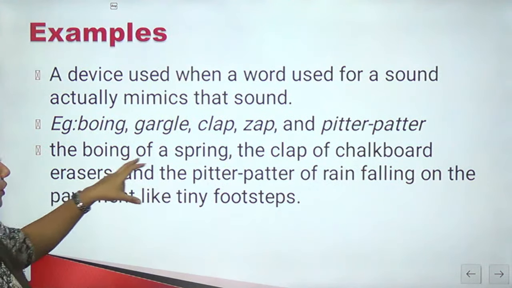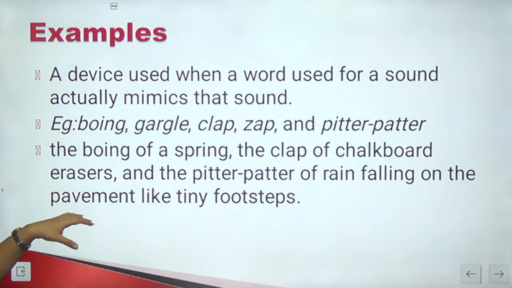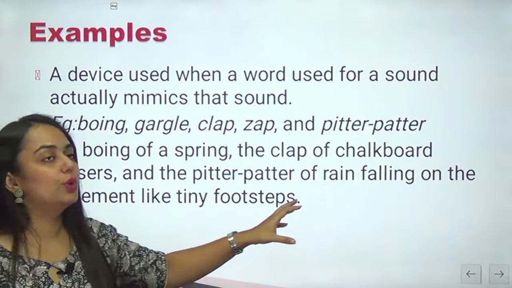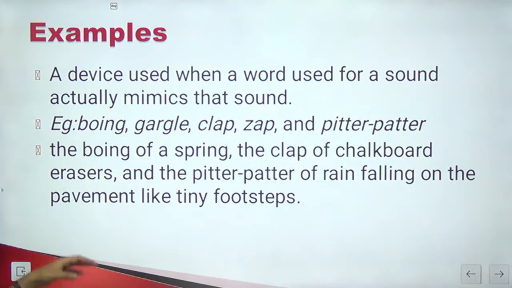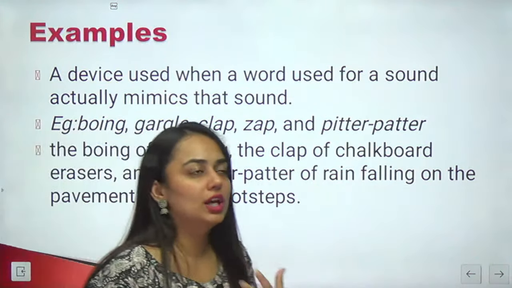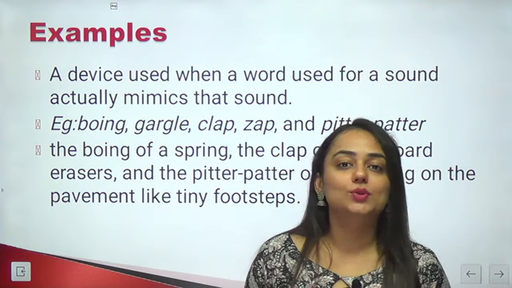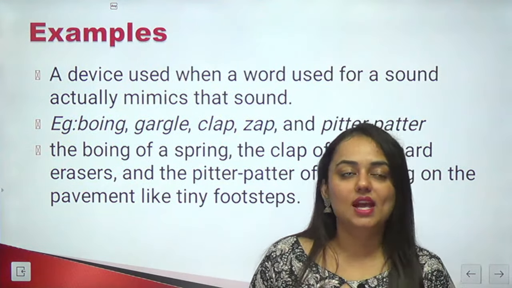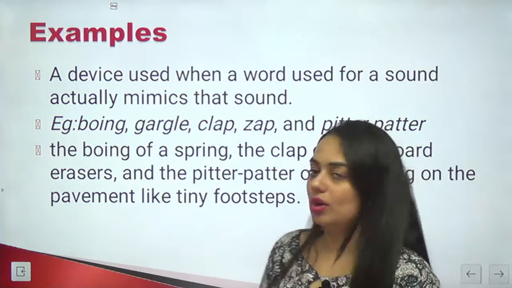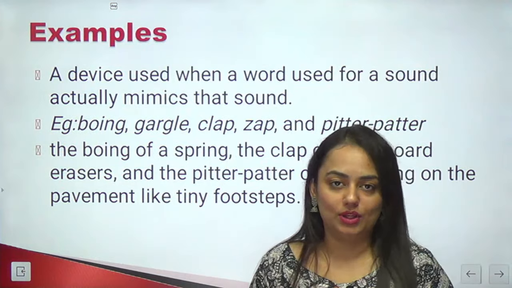The booing of a spring, the clap of chalkboard erasers and the pitter-patter of rain falling on the pavement like tiny footsteps. Isn't it evoking all our senses? Aren't we actually feeling the words we are using, right? So that is how literary devices beautify a language.